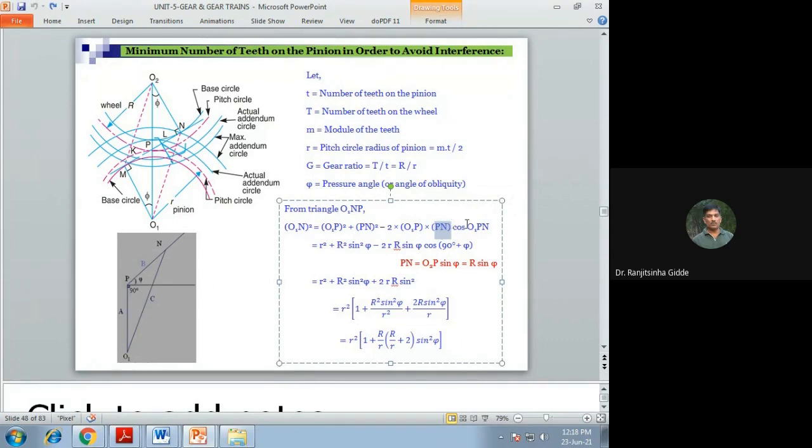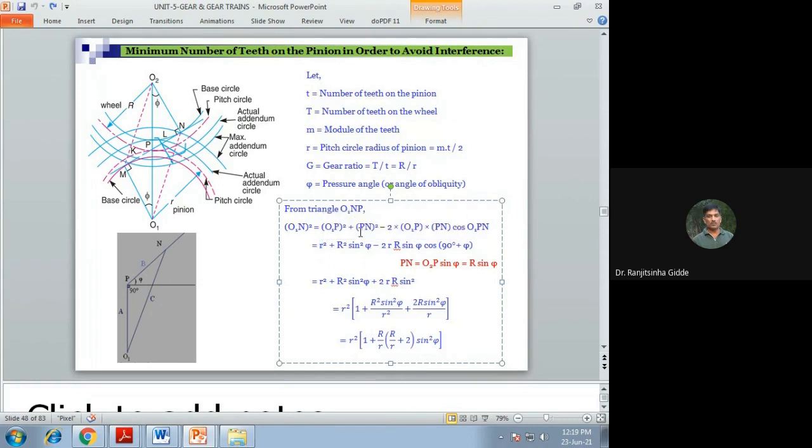The angle O1Pn here is 90 plus phi. O1P is nothing but the radius of the pitch circle of the pinion, so we can put r, that becomes r square.